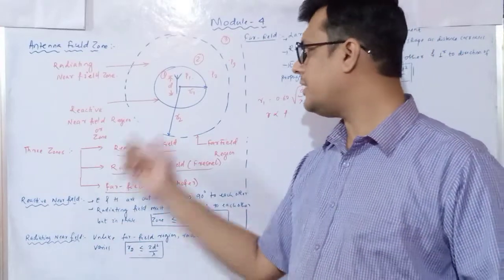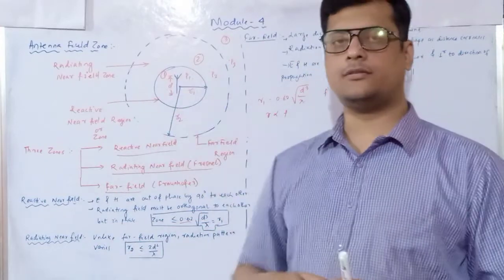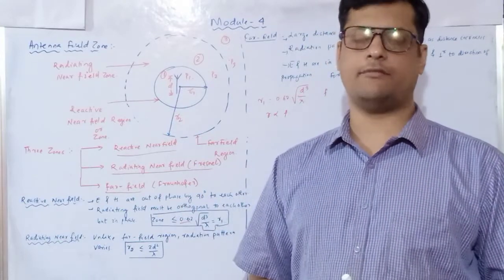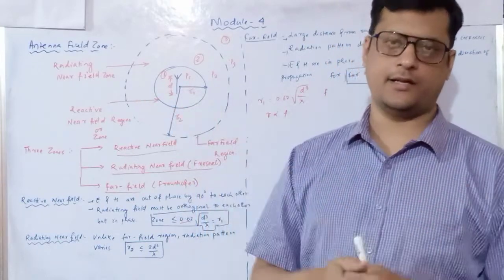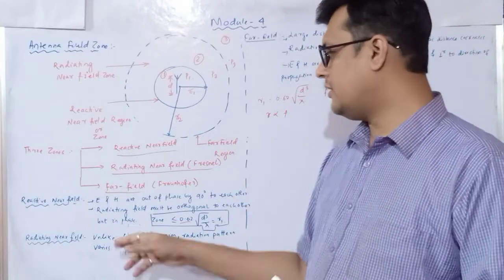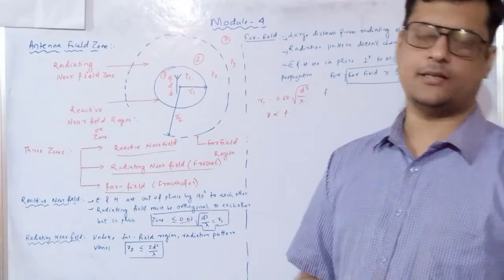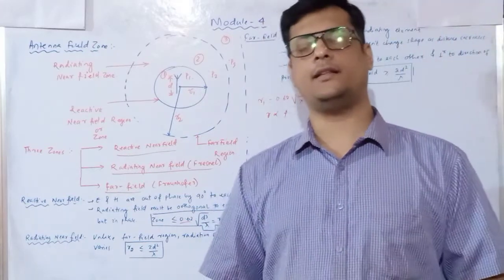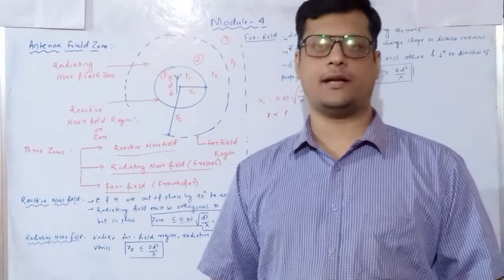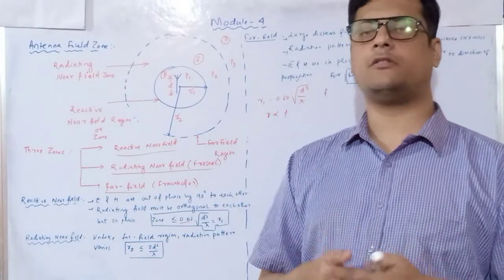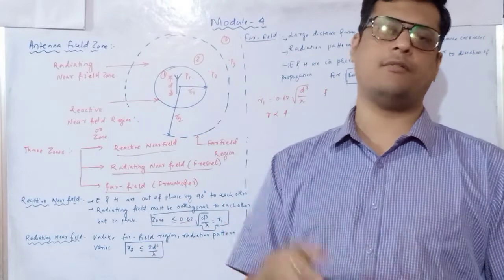Next is the second zone. This zone is called the radiating zone. Electric and magnetic fields are radiated in this zone. Unlike the far field region, the radiation pattern varies here. The electric field and magnetic field will be in phase but perpendicular to each other and also perpendicular to the direction of propagation.